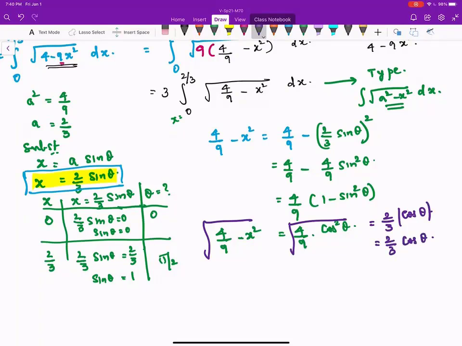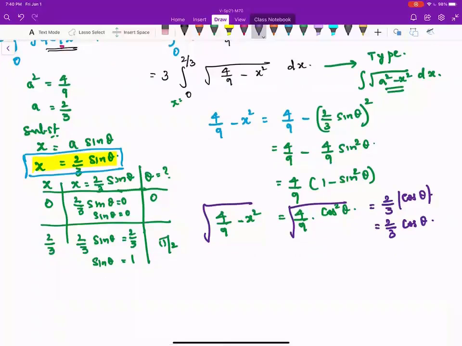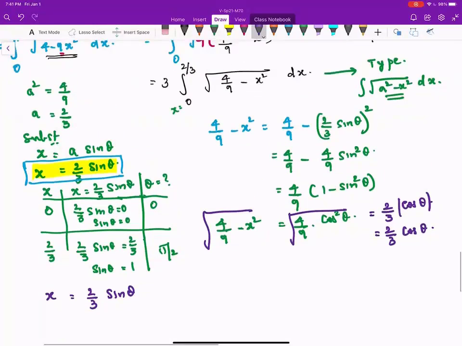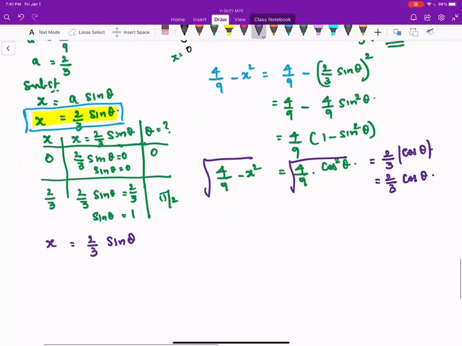So the integrand is actually 2/3 of cosine theta. Then what about dx? When x equal to 2/3 of sine theta, because in the integrand you have dx also, that also should be changed to theta. That is 2/3 cosine of theta d theta.